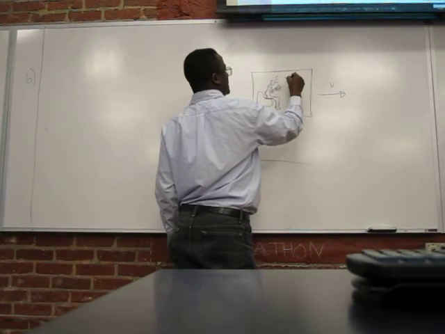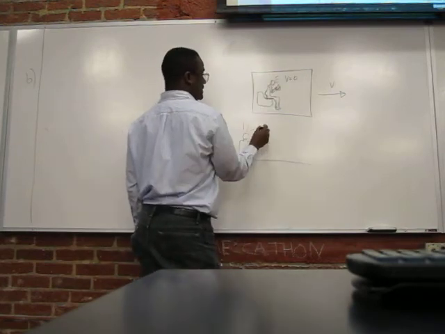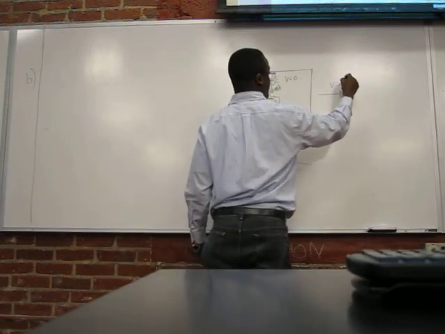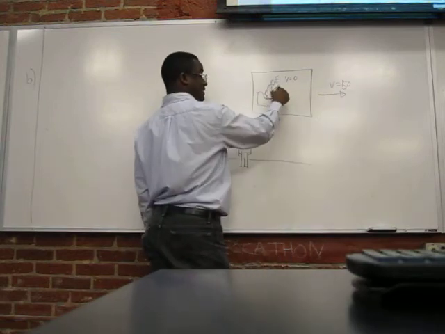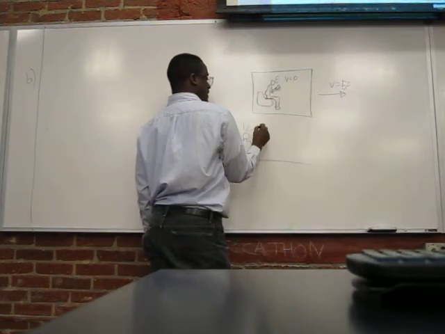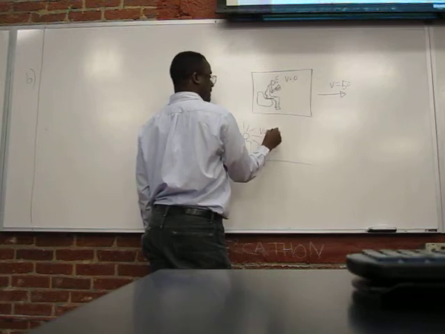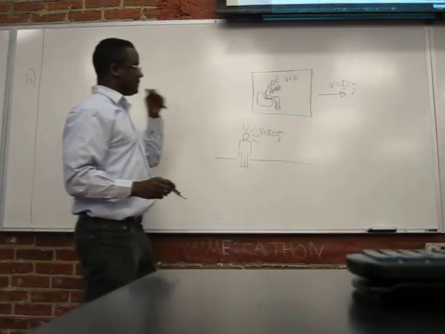It's going at a velocity of 0 with respect to this observer. How fast is that ball going with respect to this observer? It's going at a speed v. So if v is 50 miles an hour, this ball that looks stationary to this observer is going at a speed of 50 meters per second with respect to this observer.